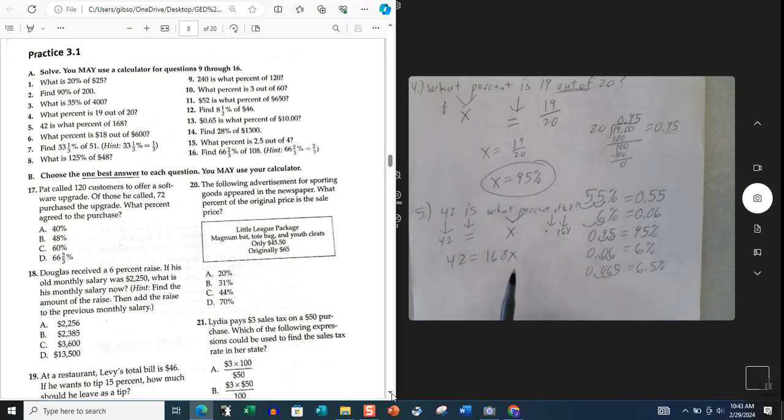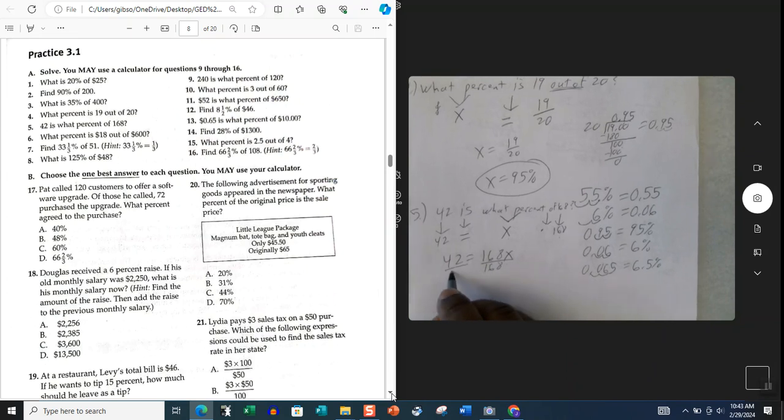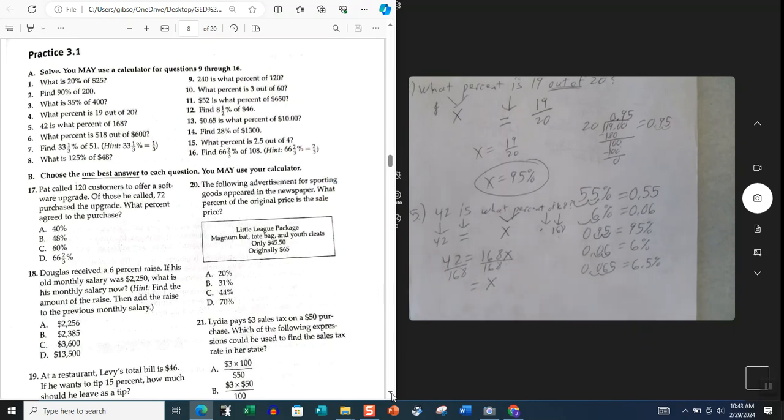Now remember, we're trying to find a percentage because it says what percent. So we got to get x by itself. 168 is multiplied to x, so we'll divide each side by 168. So over here we know 168 divided by 168 is 1 times x is x. Okay, now we go here 42 into 168. Now remember, we're trying to get a percent. So we need to go off to the side.